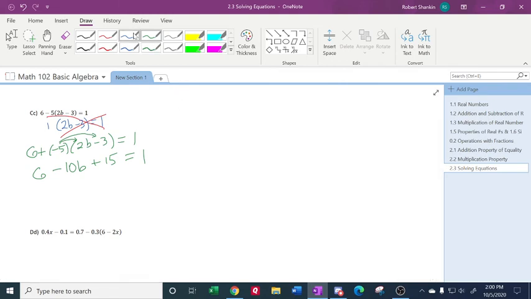So before we move on, we notice these two are like terms, and that they're on the same side of the equal sign, so we're going to put them together. 6 and 15 is 21. We'll get this.